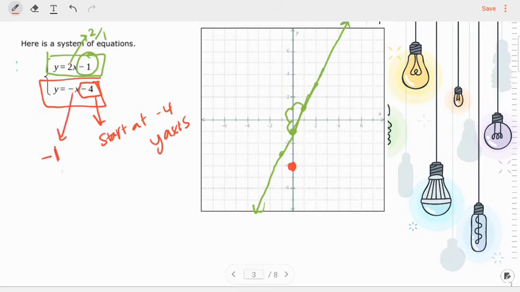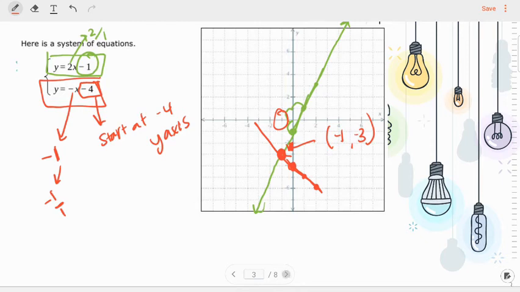That's -1, which I'm going to convert to a fraction. -1 over 1 means I'm going to count down 1 and over 1, down 1 and over 1. If I extend my line going both ways, I can see that my lines are going to cross right here. So here's my solution. Now I just need to write my ordered pair. It crosses at -1, and down 3, so -1, -3.